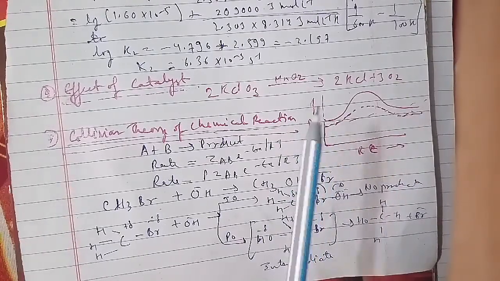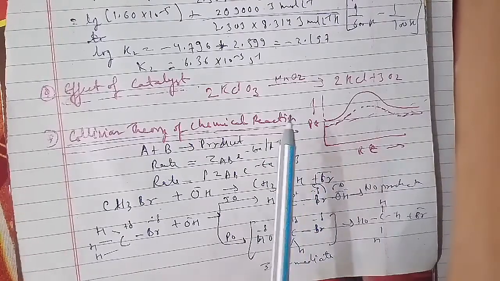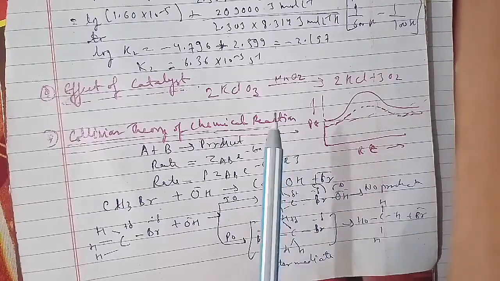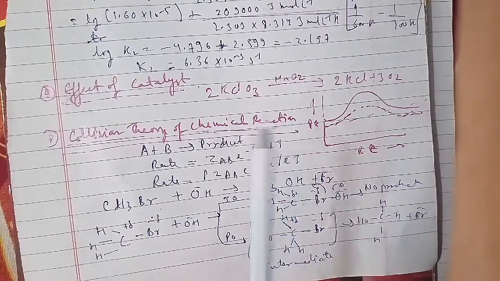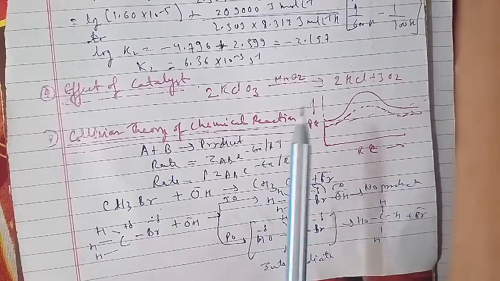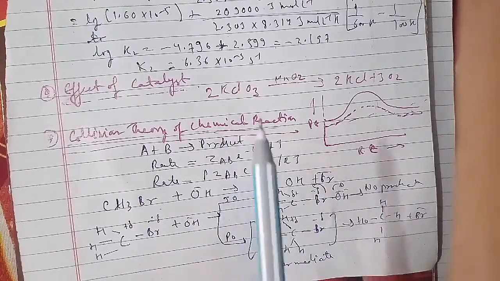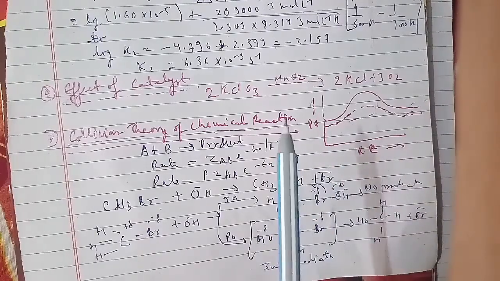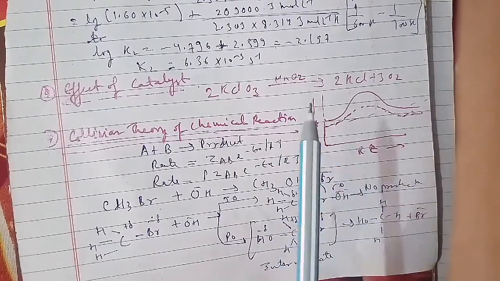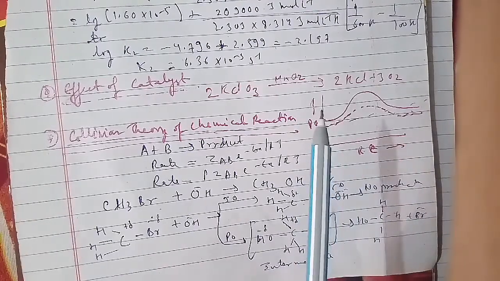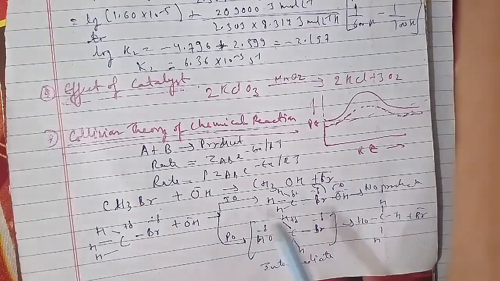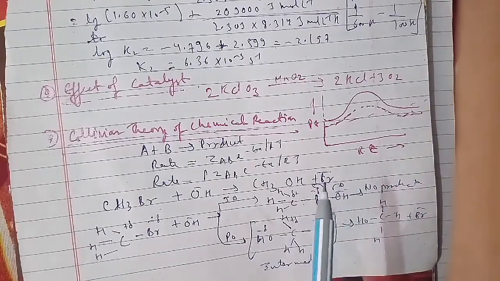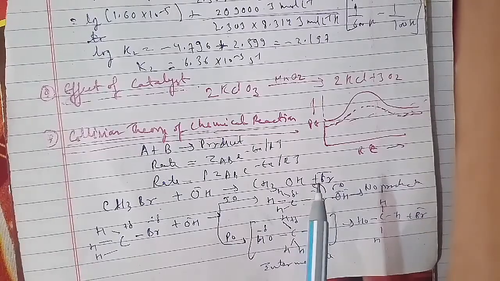Let's find it out for the equation 3NO giving N2O, where the rate is k[NO]. Then H2O2 plus 3I⁻ in aqueous solution plus 2H⁺ giving 2H2O plus I3⁻, with rate k[H2O2][I⁻]. Then CH3CHO giving CH4 plus CO, with rate k[CH3CHO] to the power 3/2. Then C2H5Cl giving C2H4 plus HCl, with rate k[C2H5Cl].